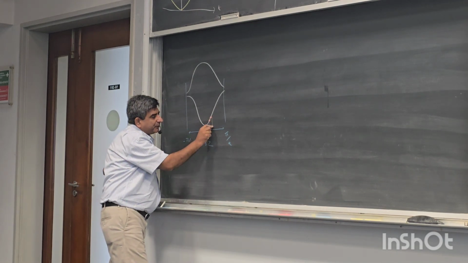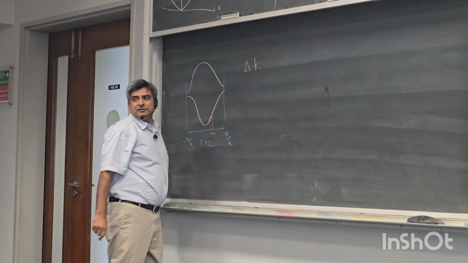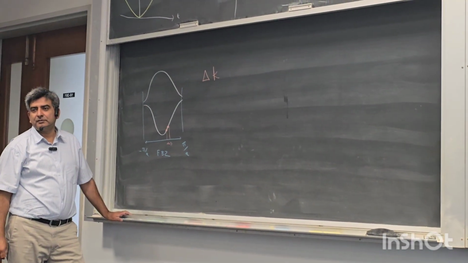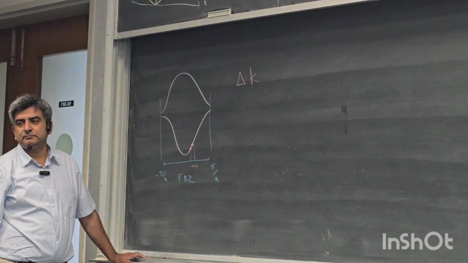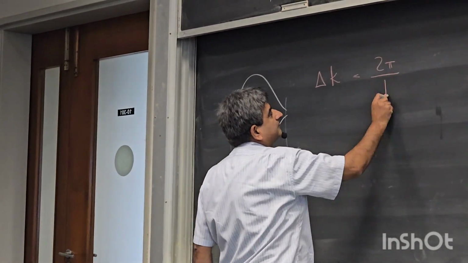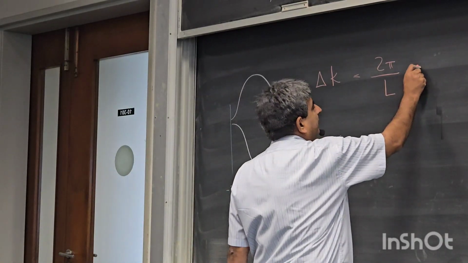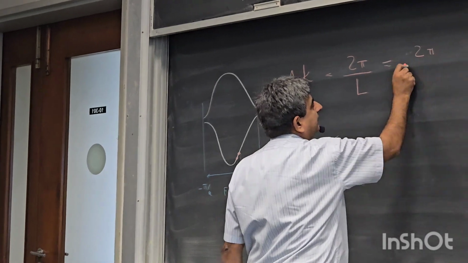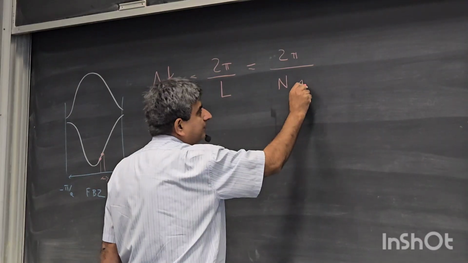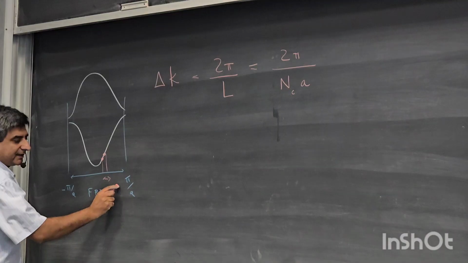So what's the separation between two k points, delta k? Isn't it 2 pi over L, where L is the total length in one dimension, which is 2 pi over the number of unit cells, N_c, times the lattice spacing. So this is the separation between any two of these points, delta k.